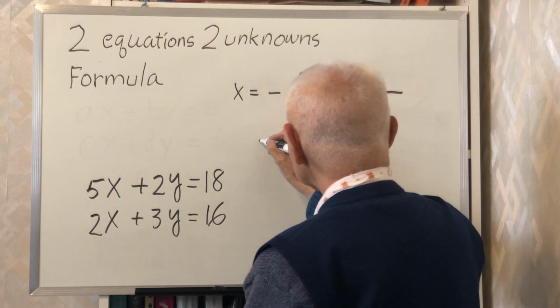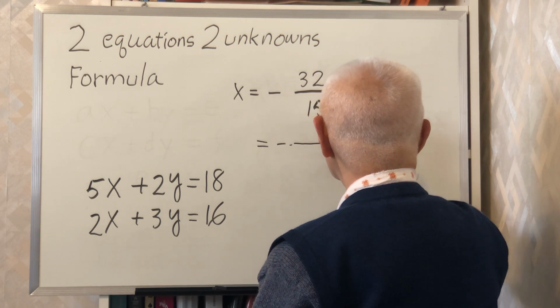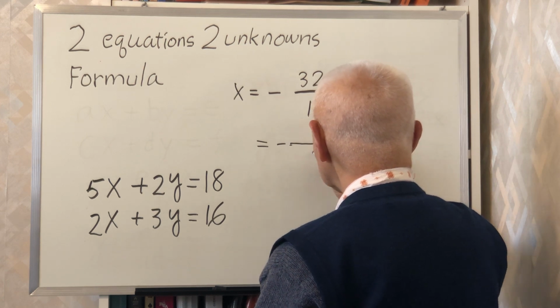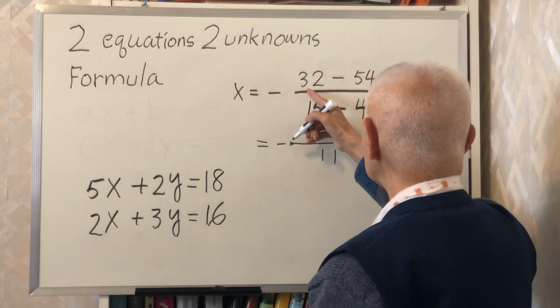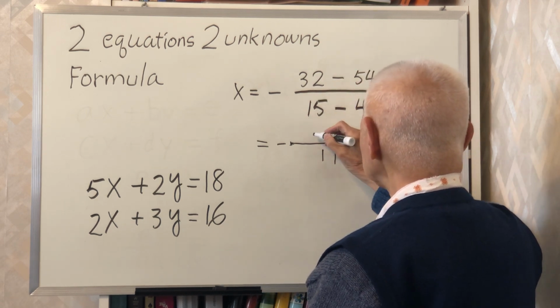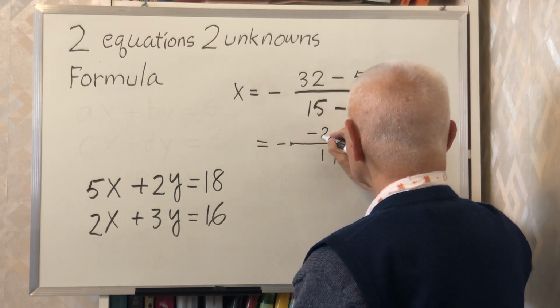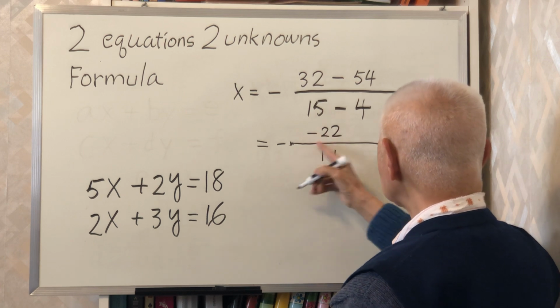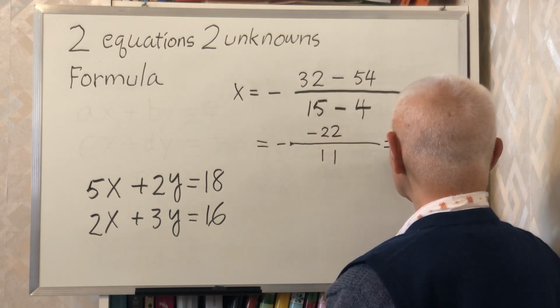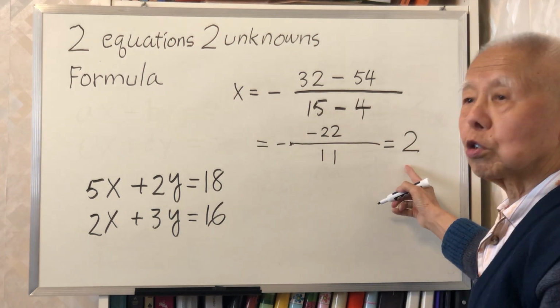And this is 11 at the bottom. This is minus 22. So negative, negative cancel. It is 2 now. So x is 2.